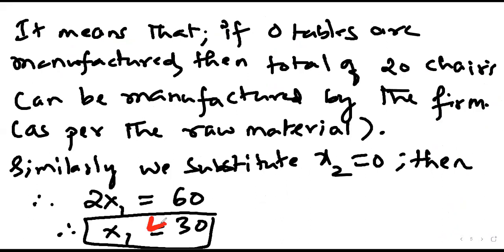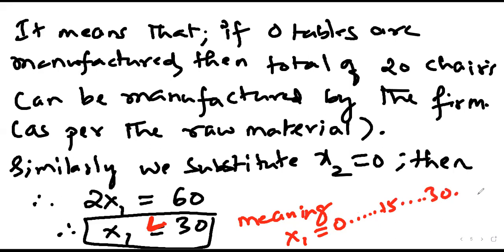Similarly, this is also the same thing. X1 is equal to 30 means what? The meaning of this is that x1 is between 0 to 30.